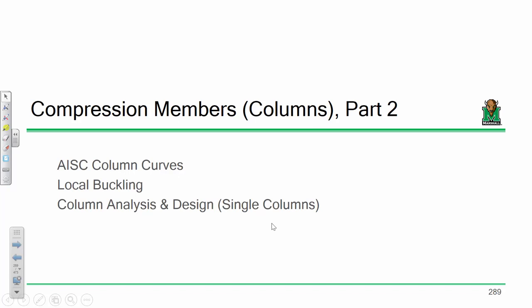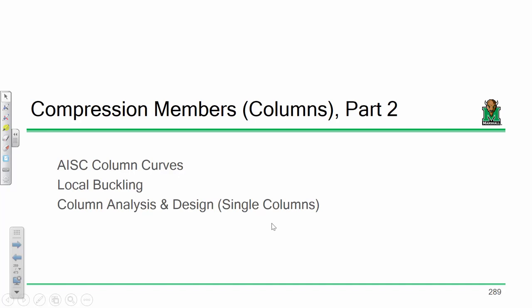That's not to say you couldn't use an angle or a channel in compression, but primarily W shapes, I-beams, are what you're going to be looking at. So if you hear me reserve our discussion to W shapes, that's why.